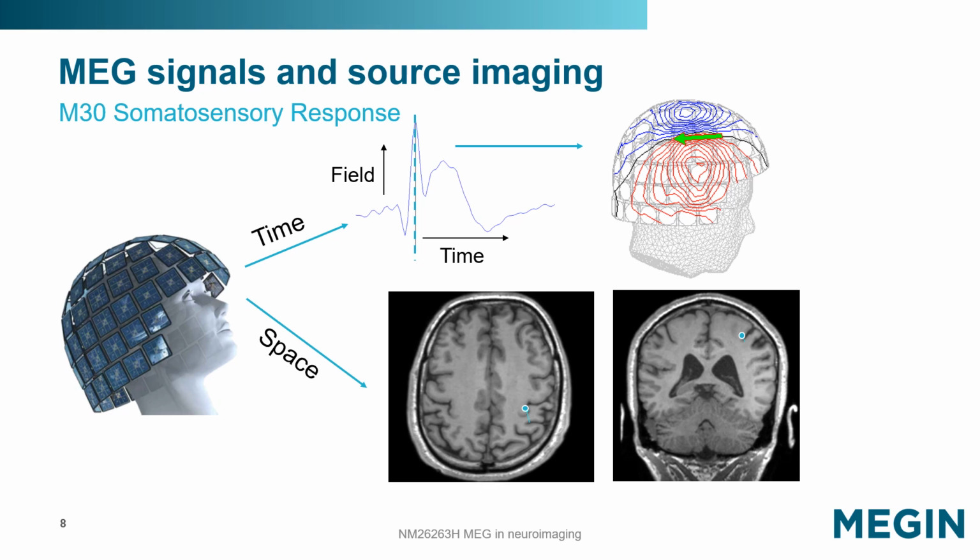The localization information can then be superimposed on the subject's MRI to see the anatomical structure. This combination of functional and anatomical information is often called magnetic source imaging, MSI, where neural current source localizations estimated from MEG data are superimposed on the anatomical MRI of the subject or patient.